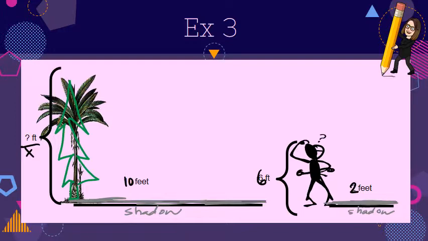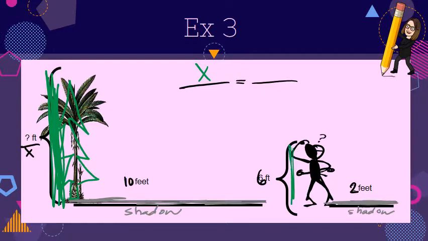We can use indirect measurements to find the height of the tree. Let's set up our proportion. First of all, I'm going to start with my unknown, which is the tree height. The tree height is X. Well, it corresponds to the man's height. The man's height is 6 feet.